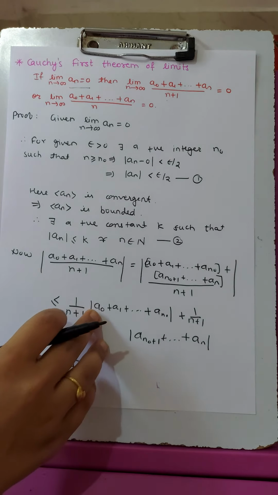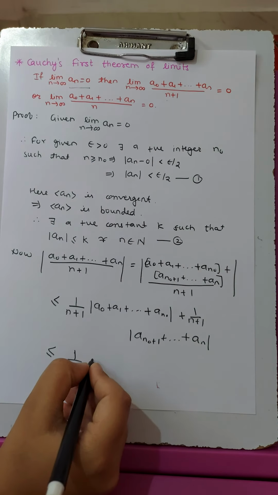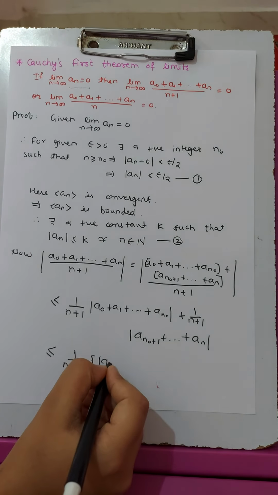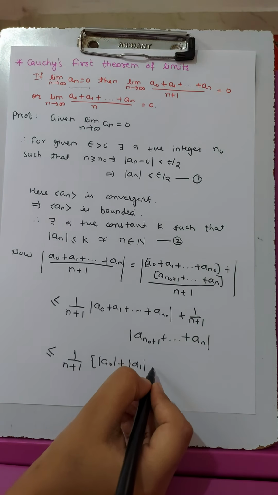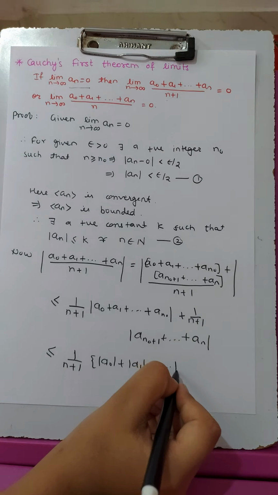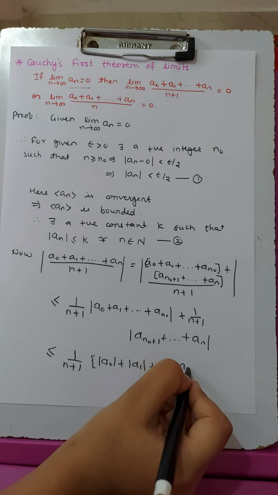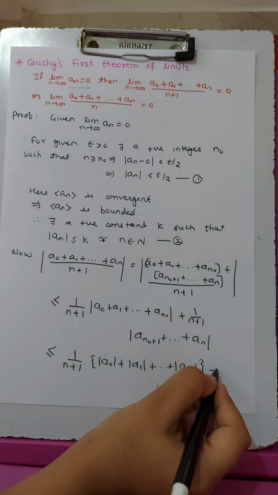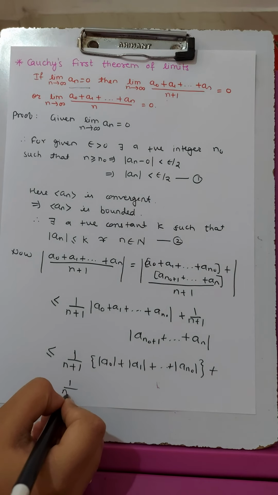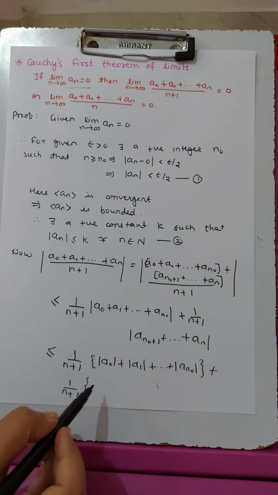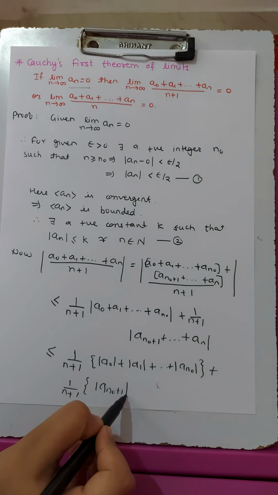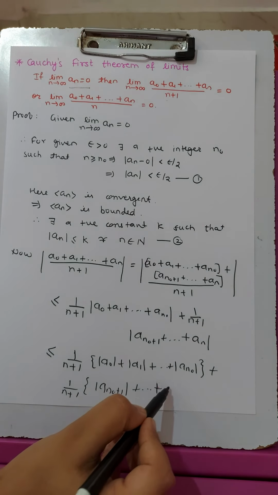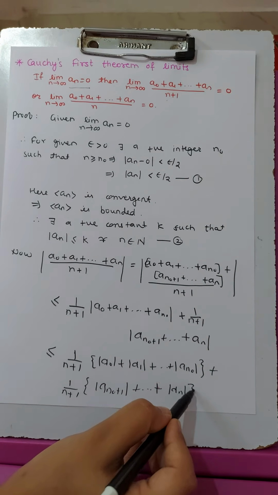Now we will separate this mod for each term. So we get mod a0 plus mod a1 up to so on plus mod of an0, plus 1 upon n plus 1 times mod of an0 plus 1 plus up to so on mod of an.